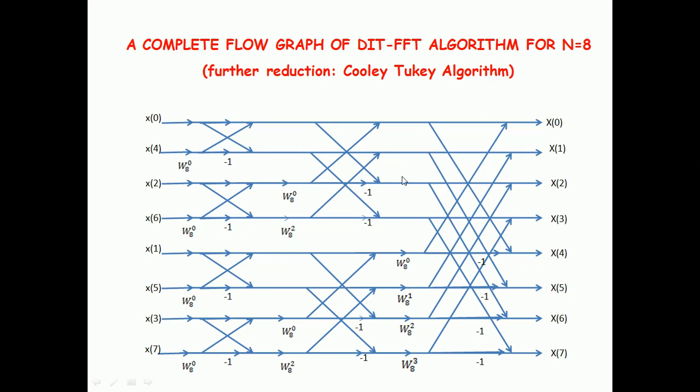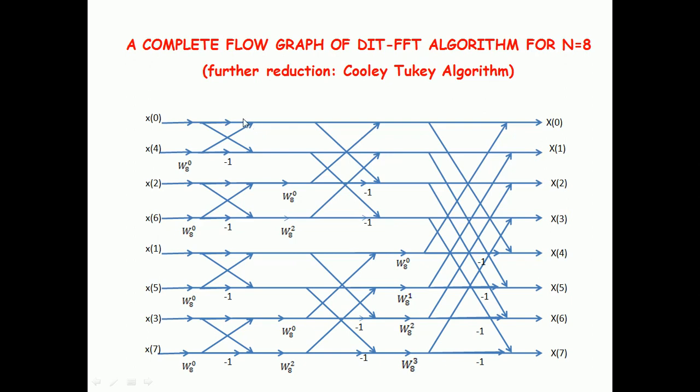Here also 8. 1, 2, 3, 4, 5, 6, 7, 8. Here also 8. Totally 8 plus 8 plus 8. That is 8 3s are 24 additions we have in this particular flow graph for considering N as 8-point DFT.